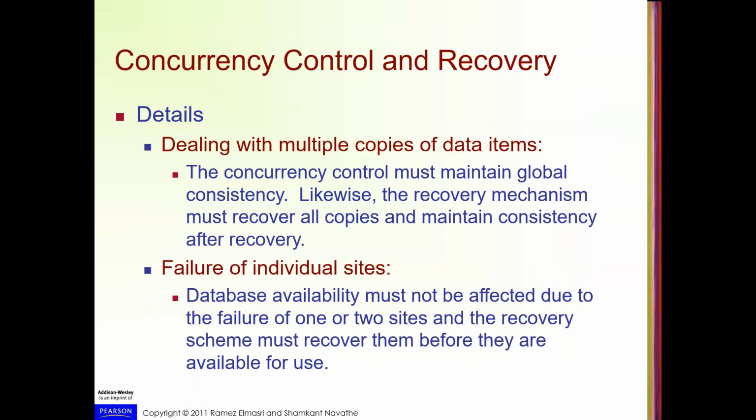So the data item must be consistent, and for that reason we have to maintain global consistency. Failure of individual sites: database availability must not be affected due to the failure of one or two sites, and the recovery scheme must recover them before they are available for use.